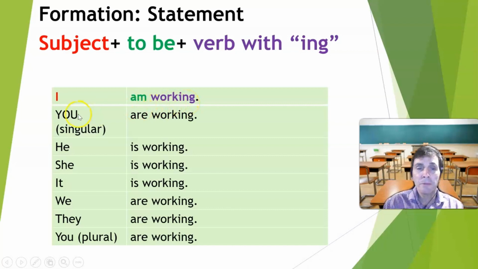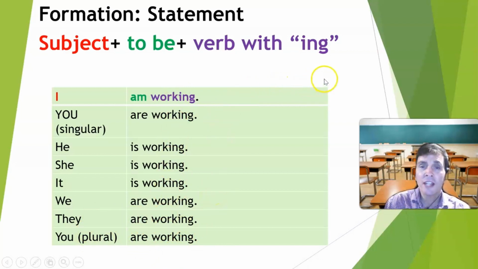And then depending on the subjects, the form of to be is going to change as well. So we will say I am, you are, he is, she is, it is, we are, they are, and you are. And then the form of the verb at the end is going to be the same throughout.